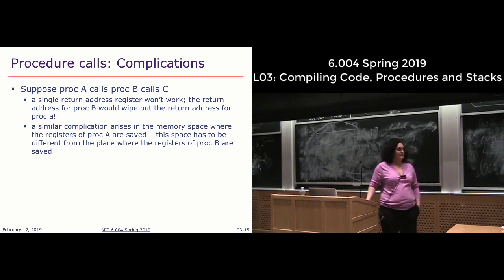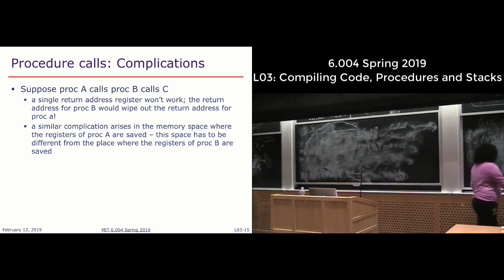What happens to the value in RA? It gets overwritten, right? So let's say I have one procedure, procedure A, which says jump to B, and another procedure B which says jump to C, right?